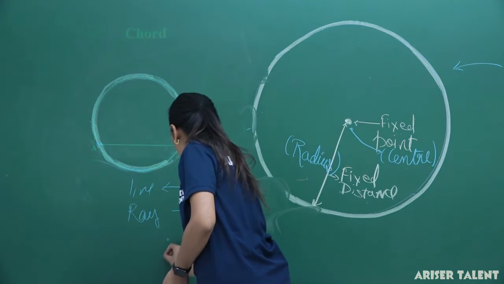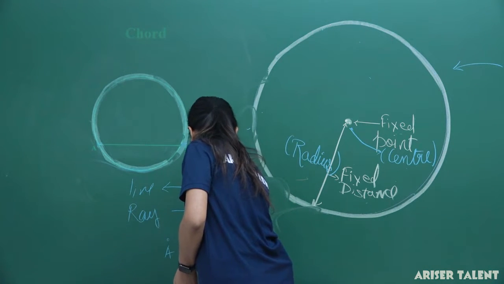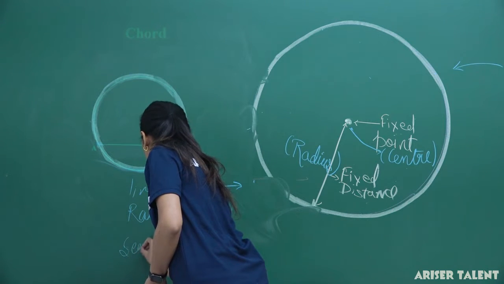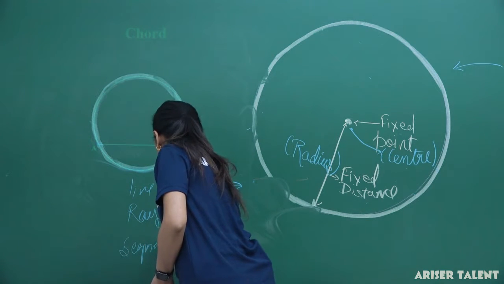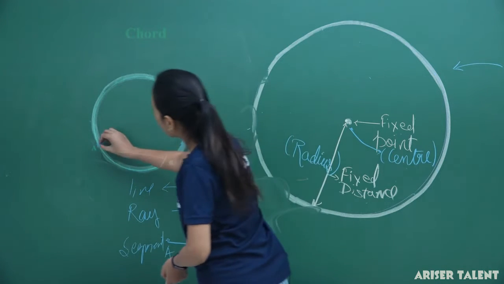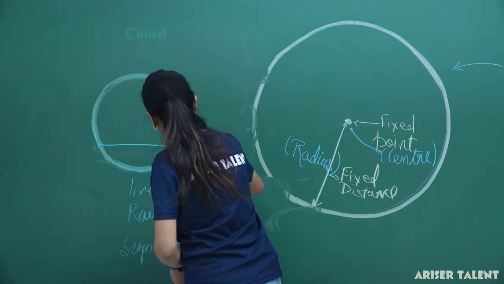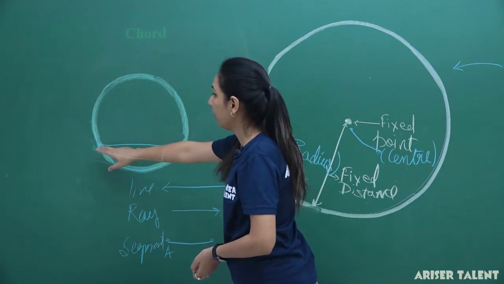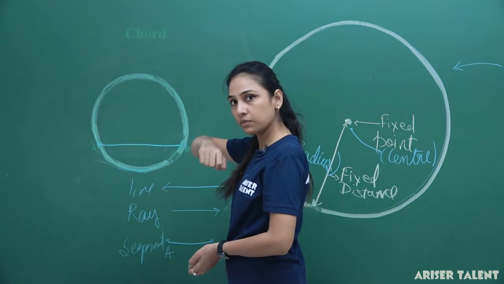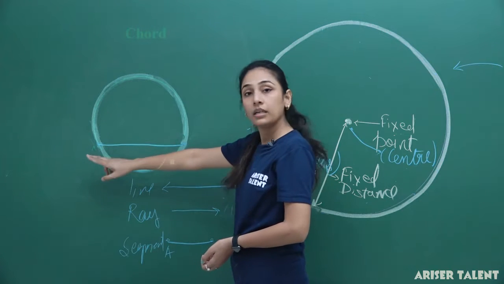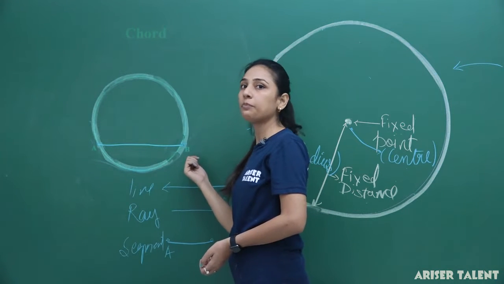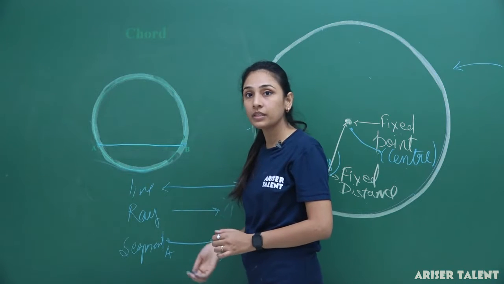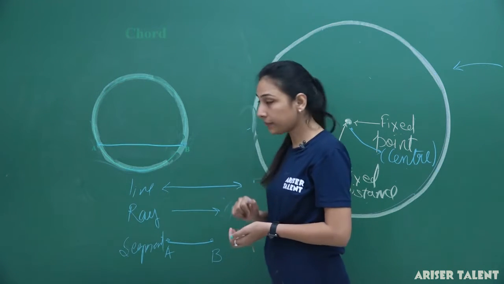We have two fixed points A and B, and that will be a line segment. So if we have a line segment which has its starting point on the circumference and its end point also on the circumference, then this is known as what? The chord. Okay, right.